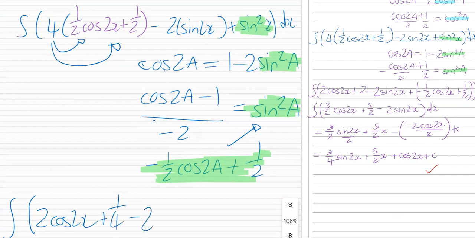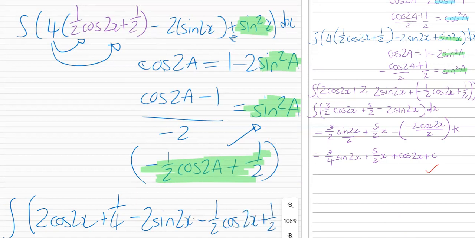Minus 2 sine 2x plus this whole thing. If we're plussing this whole thing, it'll be immediately negative. There's no value or anything to worry about. So we just have -1/2 cos 2x plus 1/2.